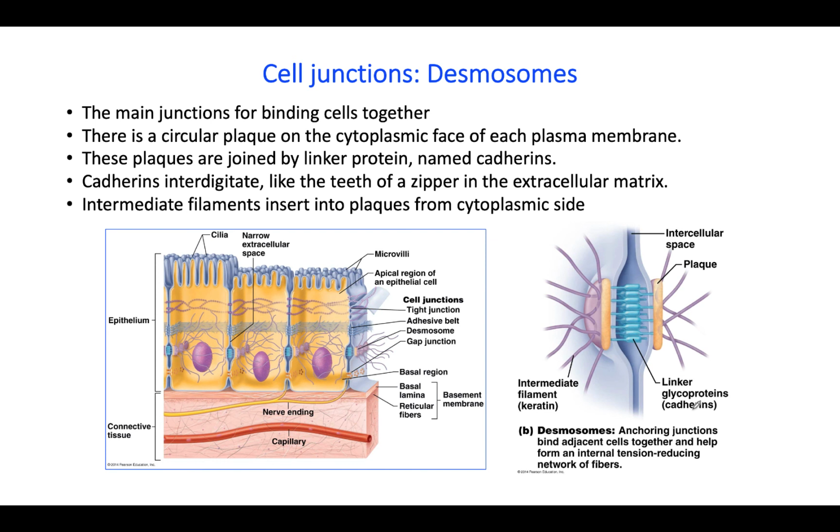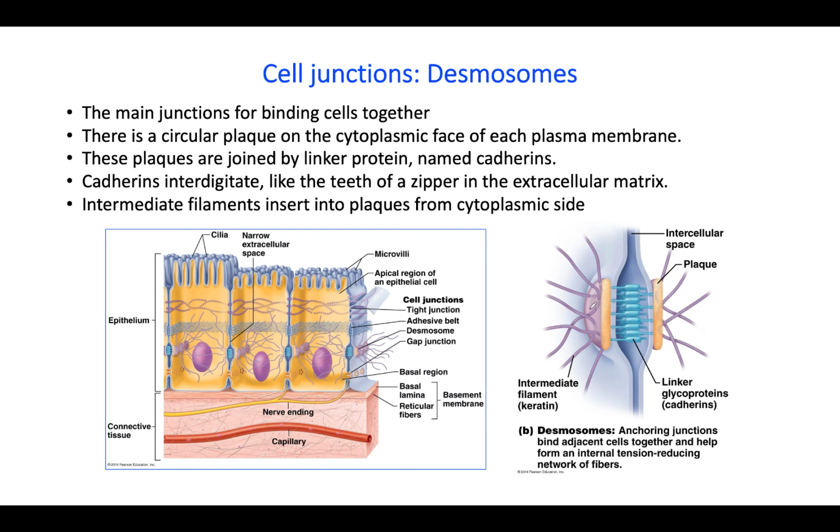In other words, cadherin interdigitates like the teeth of a zipper in the extracellular matrix. This really provides strong strength to bind each other. And this is one side of the plaque.